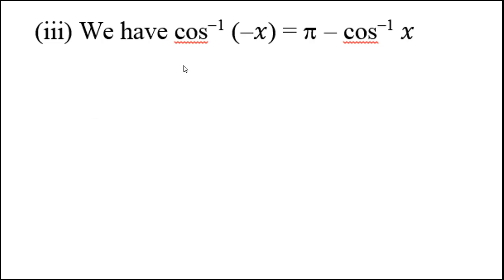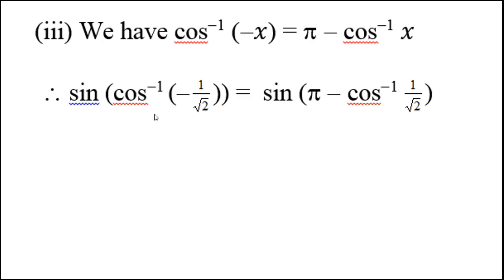Now third one. Question is sine of cos inverse minus 1 by root 2. Now here outside we have sine and inside we have cos inverse. So either we have to convert this sine into cosine or this cos inverse into sine inverse.